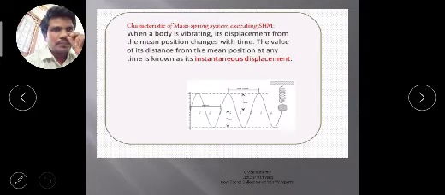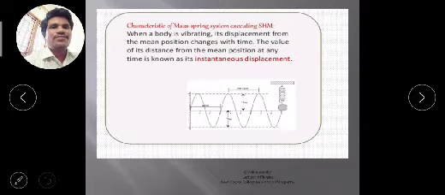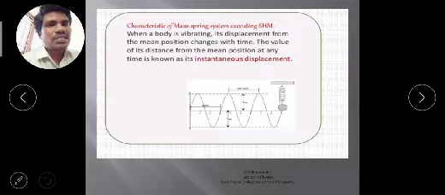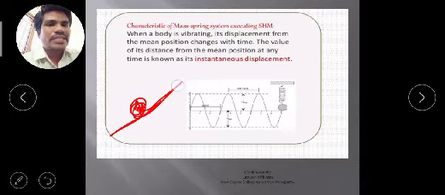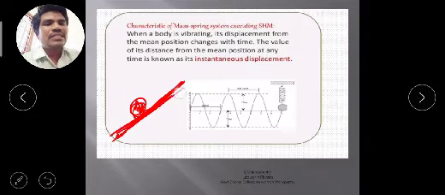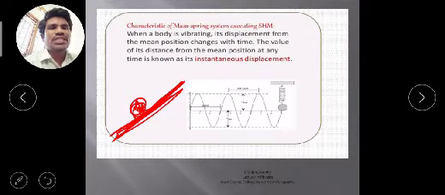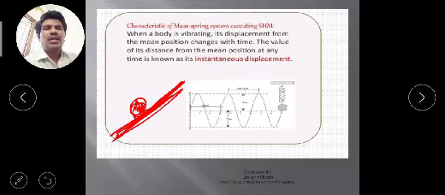We know that when a body is vibrating, its displacement from the mean position changes with time, because the mass will always be vibrating from this side to this side, this side to this side. So every second the position and displacement of the oscillator changes.